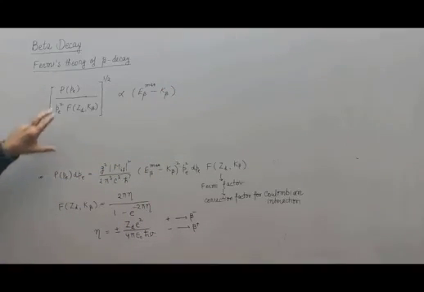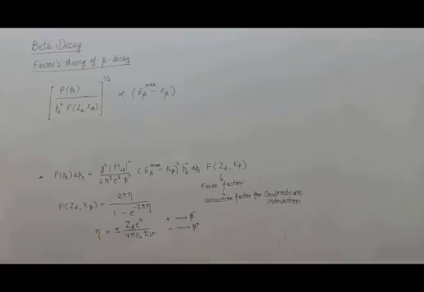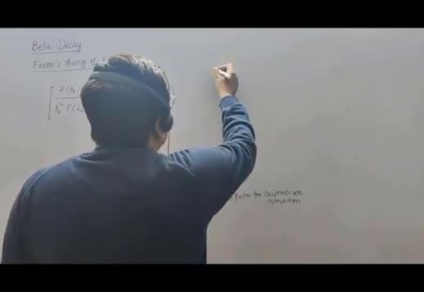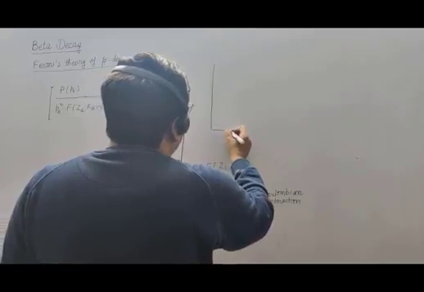So if we plot a graph between this quantity and K beta, we are going to find a straight line, like this.